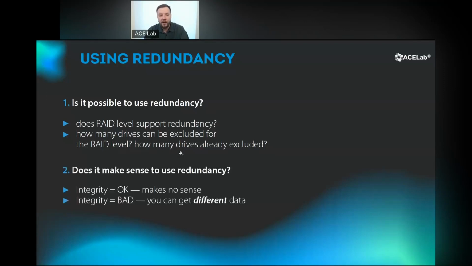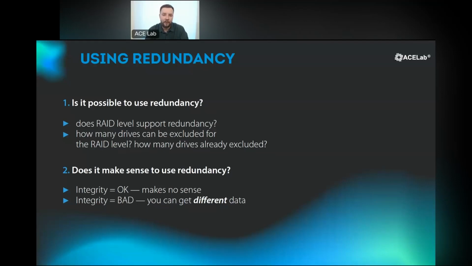The second step: you need to understand whether it makes sense to use redundancy. For example, take a very simple example, RAID 1 mirror. A mirror is just two copies. One drive contains a copy of the other drive. So data on each drive must be the same if everything is okay.